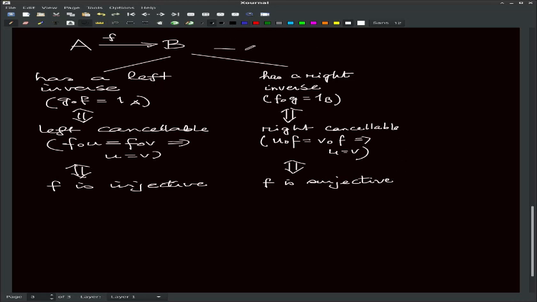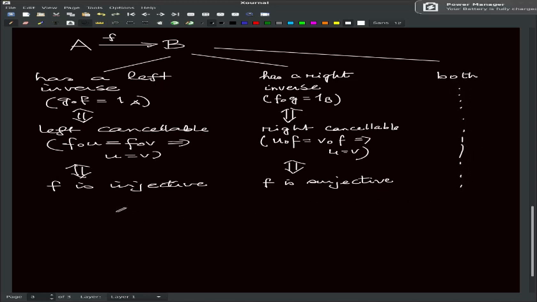And there's the third option, which is both. Now here, the first thing that we observed is, I am now saying that it has a left inverse and a right inverse.